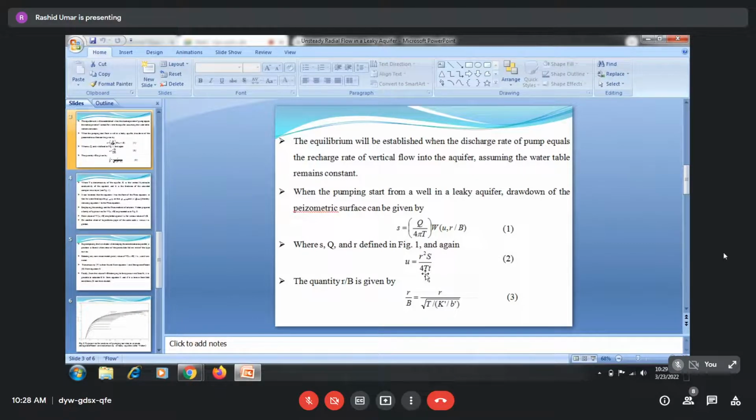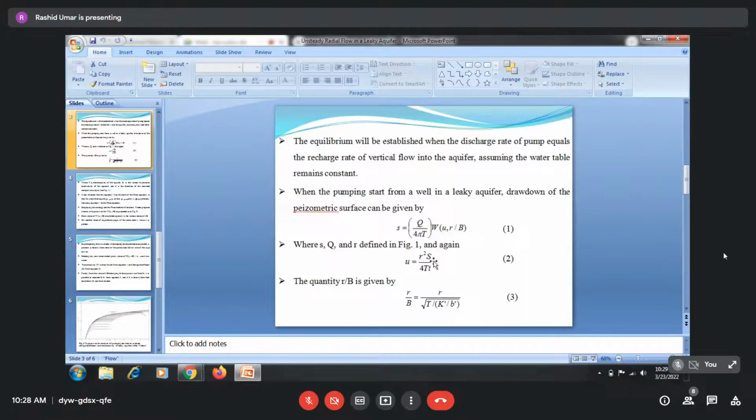Transmissivity we have calculated already, so we'll put the value. And this t is the time where your graph has matched. So this is the time you have to put here, and you have to choose the same comparable units. Then you put this t and r and the value of u, and you will be able to calculate the storage coefficient.